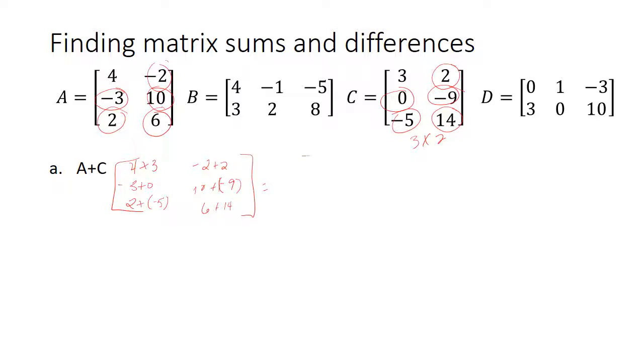So my answer matrix is going to be a 7, a 0, a negative 3, 1, negative 3, and 20.